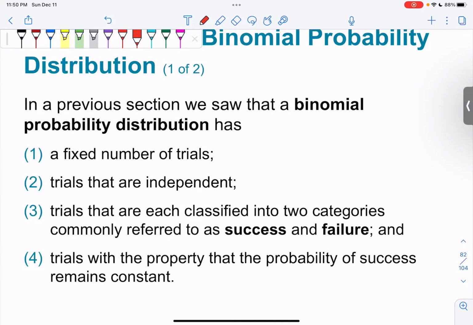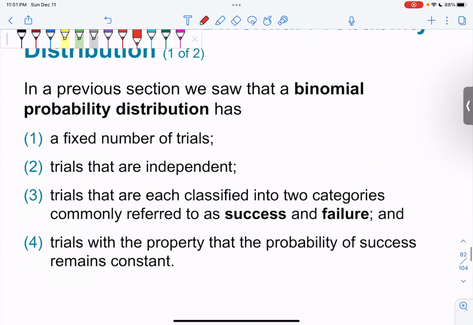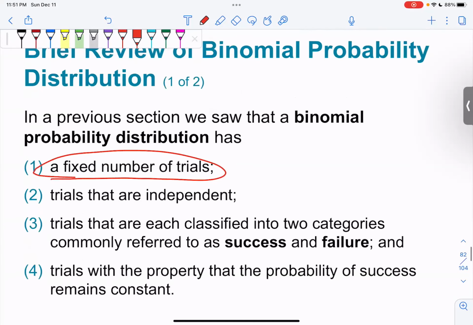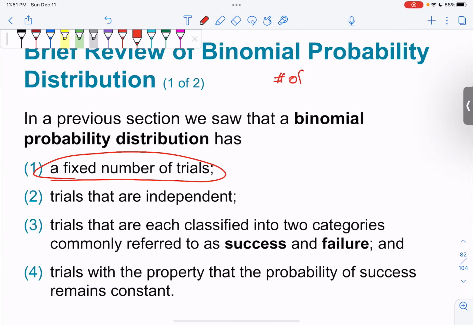Also, we know the requirements for binomial distribution, right? The first one is that we have to have a fixed number of trials. So let's say the number of trials n equals 10, as an example, and maybe our x is the number of heads.